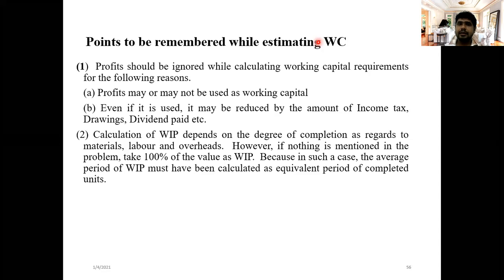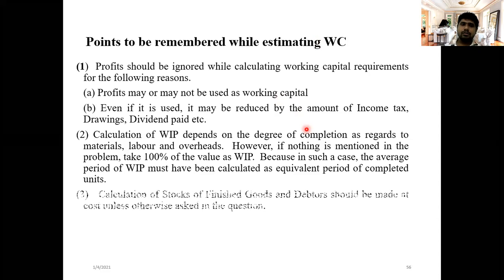We can get a clear idea using the sum below. Calculation of stocks of finished goods and debtors should be made at cost unless otherwise asked in the questions.